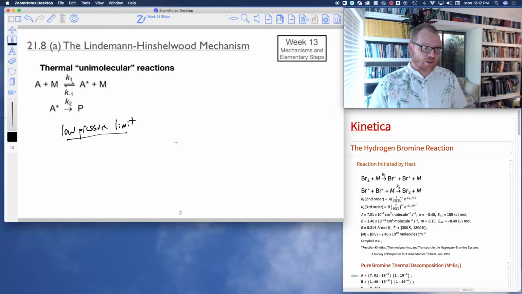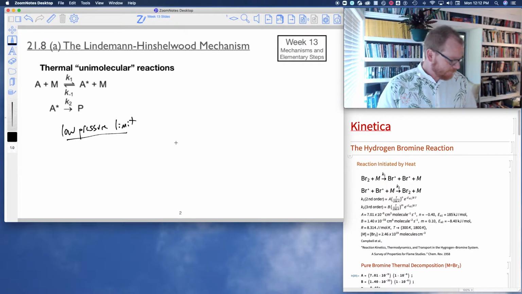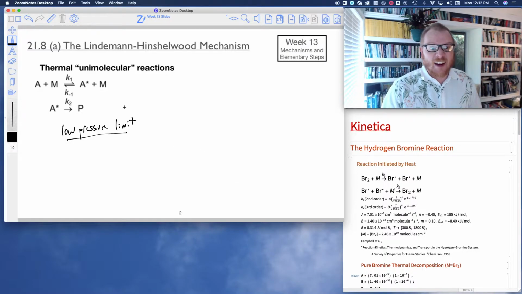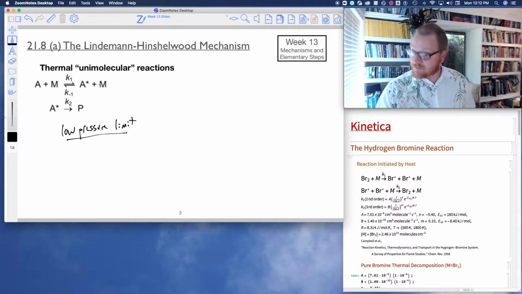So first let's talk about the low pressure limit. In the low pressure limit, there is not very much of this M, this second body, if you will. And so what that means is likely this K2 reaction dominates under low pressure.